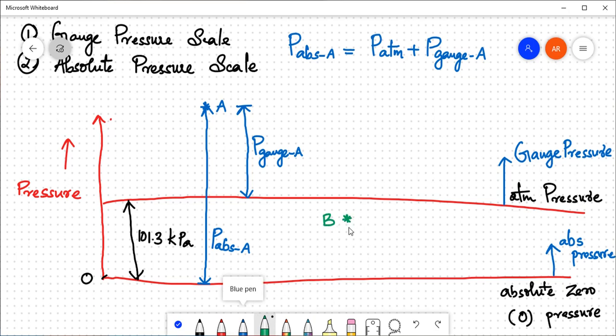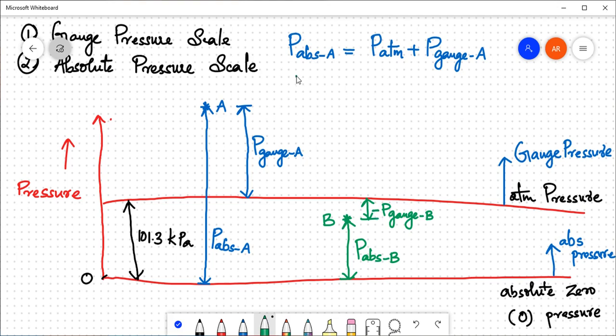Now we have another point B here. So pressure at point B can be expressed with reference to two different scales. If you are measuring the pressure at point B with respect to absolute pressure scale, this will be the ordinate. So we can represent it as P absolute at point B. Now, if the pressure at point B is expressed from the atmospheric pressure scale, this ordinate will be known as gauge pressure at point B. Since this point is below the atmospheric pressure line, we can put a negative sign here.